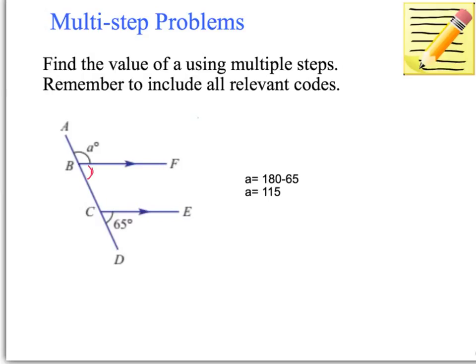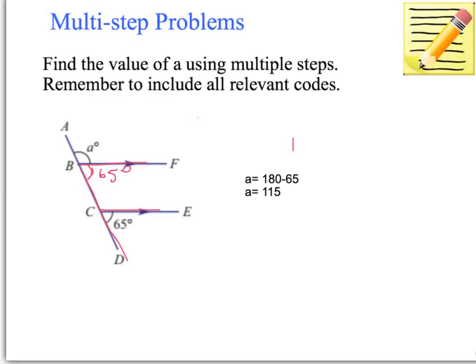Hopefully you can see that that angle I just identified is part of the F shape here. So it means that it's a corresponding angle, and corresponding angles are equal. They're both on the bottom of the parallel lines, but on the right of the transversal. So this and these angles are corresponding, therefore they're equal. So this angle is 65 degrees because it's corresponding.